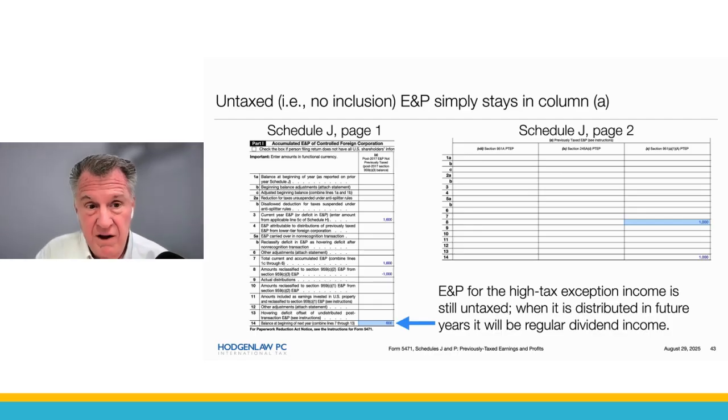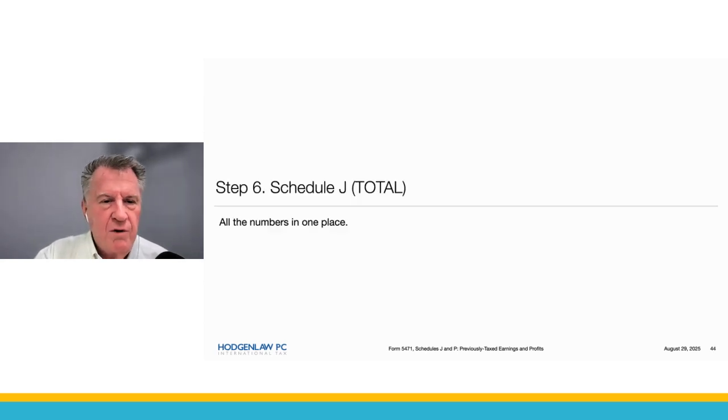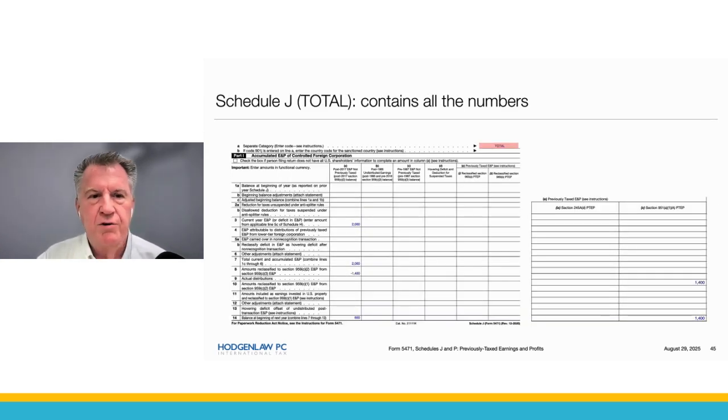And that's what you have here. And we have a little residual number of 600 here. And why are we doing that? Because it's high tax exception income, and I'll show you that in a little bit too. Anyway, we take these two numbers, we make it total, and that's just monkey work for us and something for the IRS just to cross-check numbers with.